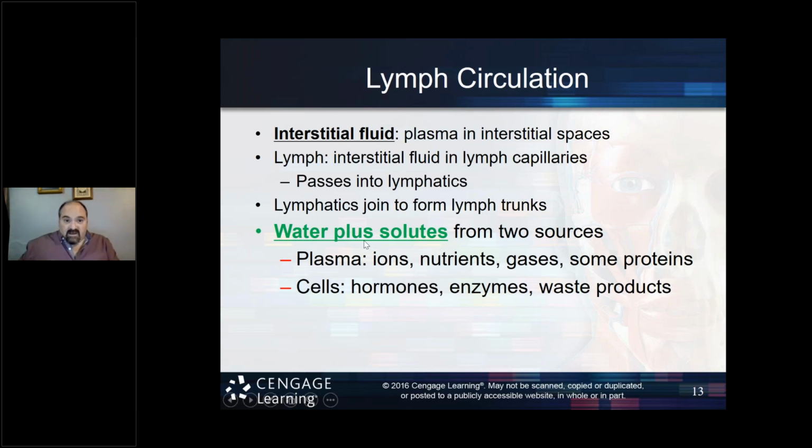Let's see here, water plus solutes. Present within the lymph can be the plasma itself, which is the liquid portion of the blood, which can contain ions, nutrients, gases, some proteins. There can also be hormones, enzymes, and waste products. Enzymes, recall, are proteins involved in breakdown of large molecules into smaller molecules, facilitating reactions, okay?